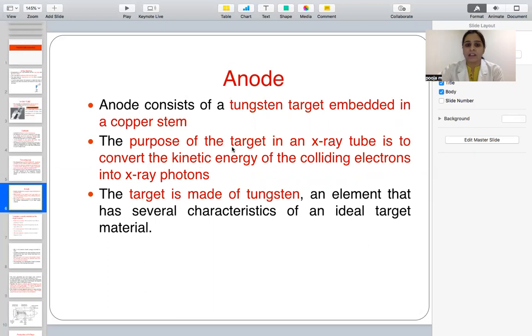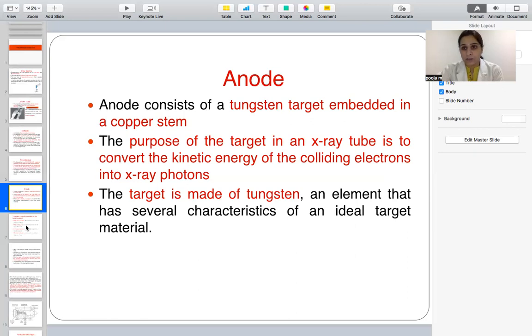The function of the target is to convert the energy of the colliding electrons into X-ray photons. When the electrons hit the target, their kinetic energy is converted into X-ray photons. This target is mainly made up of tungsten.